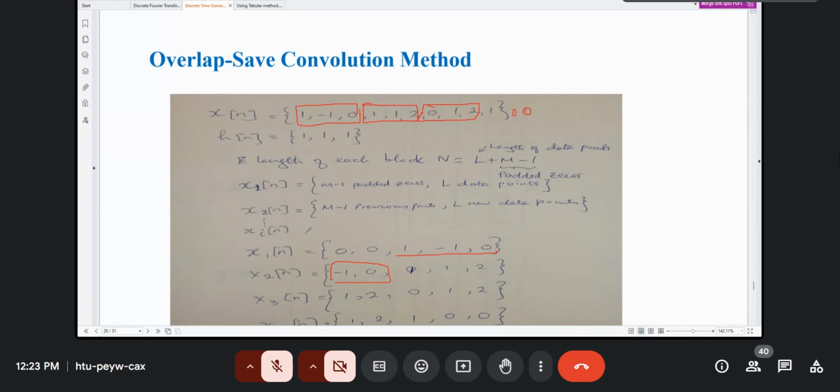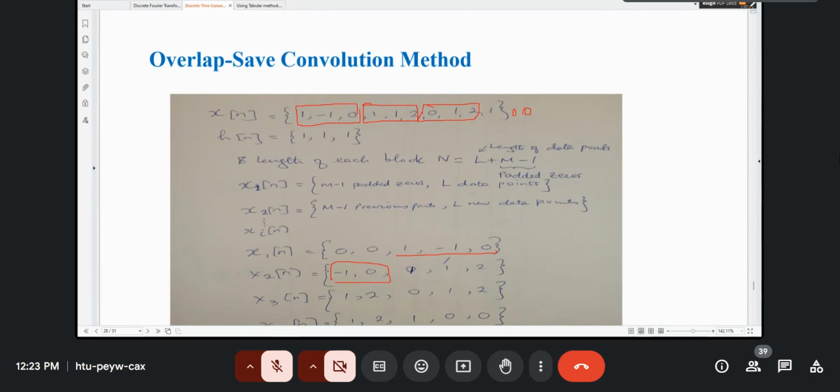So we are going to start with the last 2 samples of the previous sequence. So the previous sequence is this one, so we are going to use -1 0. So we use -1 0 here, and then we put the sequence 1 1 2.